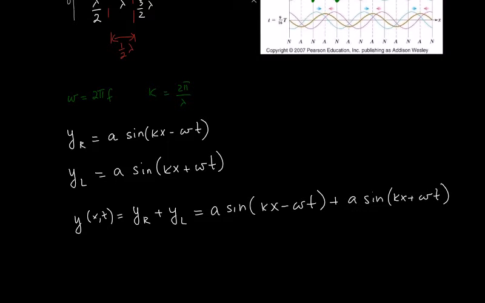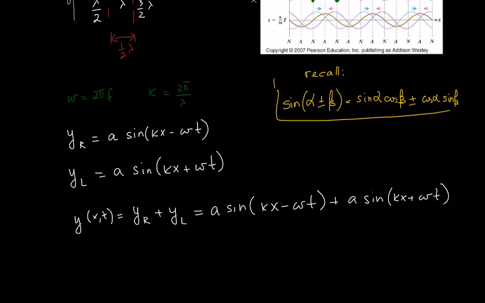We can simplify this expression by using trigonometric identities. Let's recall this: sine(alpha plus or minus beta) equals sine alpha cosine beta plus or minus cosine alpha sine beta. This is something that we're going to use to simplify our expression.